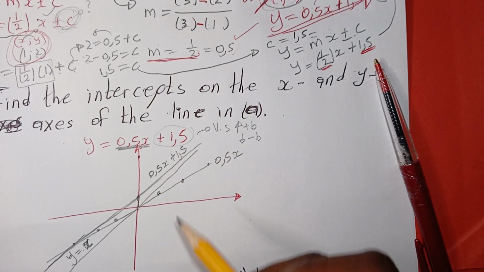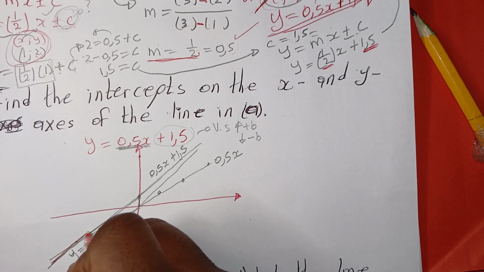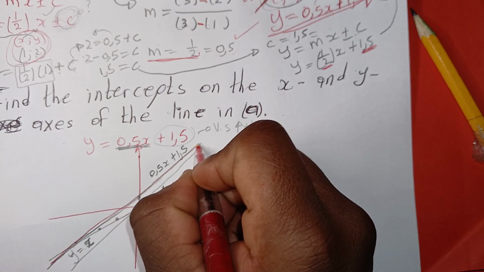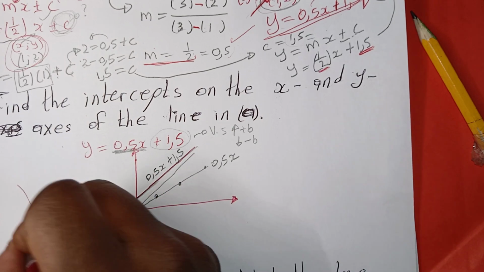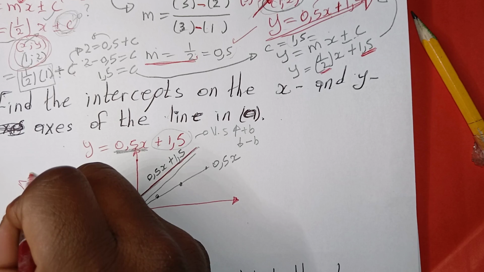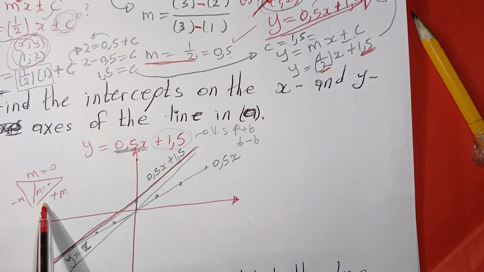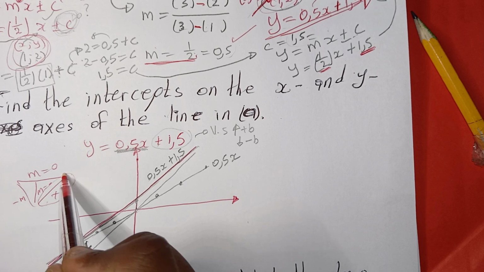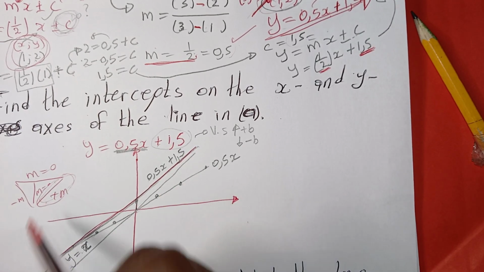So this is the graph that you must have at the end when you draw it. You can see the gradient is positive. Even the shape is similar to the one which is positive.